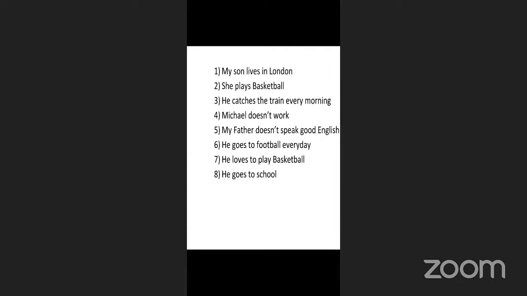So Bernard, in this case where we have the main and the helping verb, we shall give more examples so that you can understand. I know it might take us some time, but at the end of it we shall get it right. The last one here says "he goes to school." Can I try that?